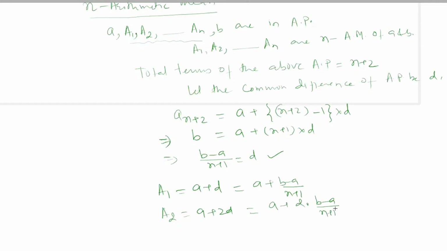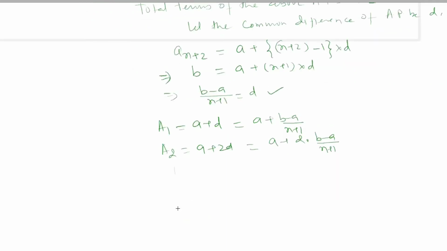In the same manner, I can keep going and find my nth arithmetic mean, which is A plus n into D, not n minus 1 into D. Just be sure, because this term is actually the (n plus 1)th term. So AN equals A plus n into (B minus A) upon (n plus 1). These are all my n arithmetic means.